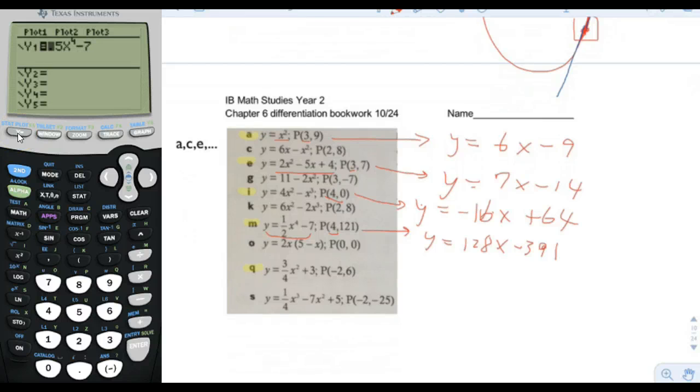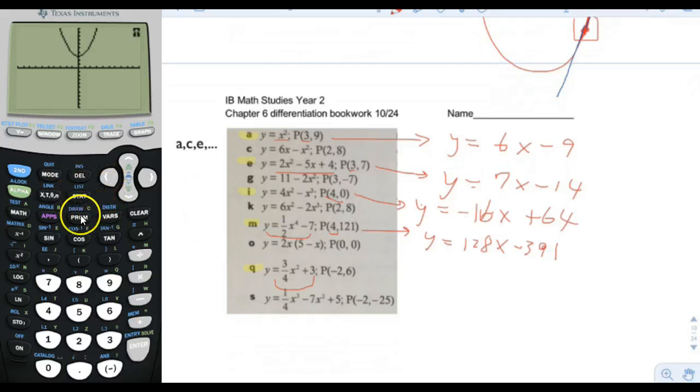Last one, Q. Y equals 3/4, which is 0.75. I'm just going to use 0.75. It makes it easier just to put in the decimal, because then you don't need to worry about PEMDAS at all. 0.75x squared plus 3. Alright, that's this one here. And I need to check out the tangent at x equals -2.